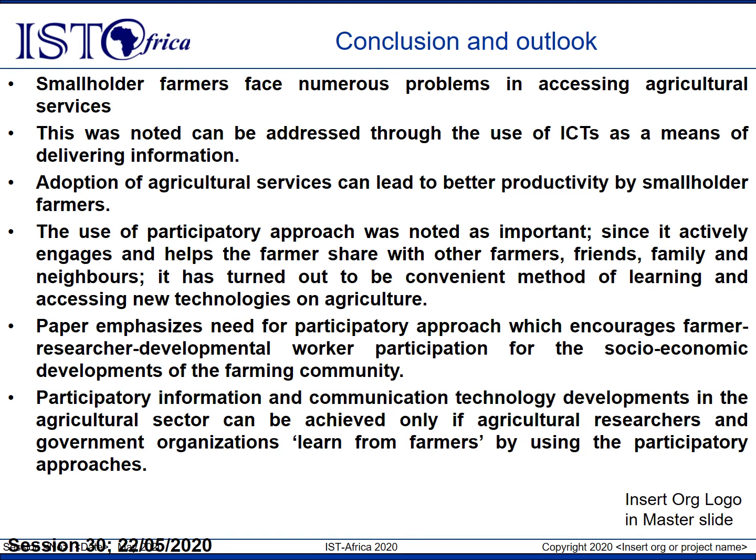The use of participatory approach was noted as important, since it actively engages and helps the farmer share with other farmers, friends, family, and neighbors. It has turned out to be a convenient method of learning and accessing new technologies in agriculture.